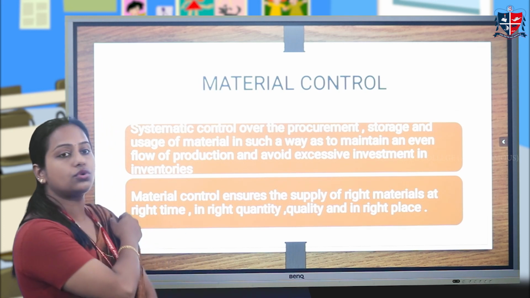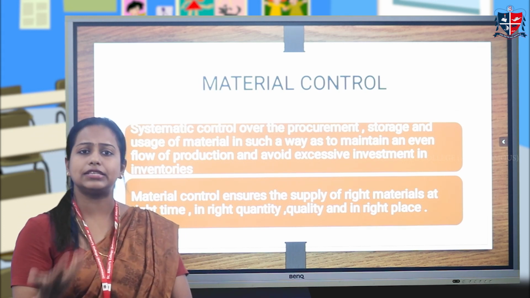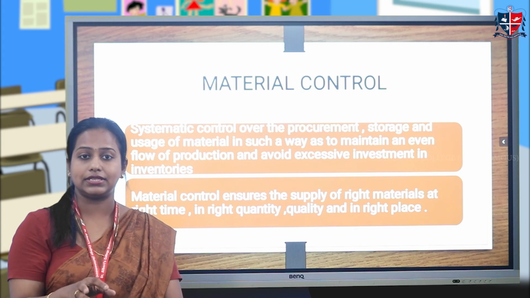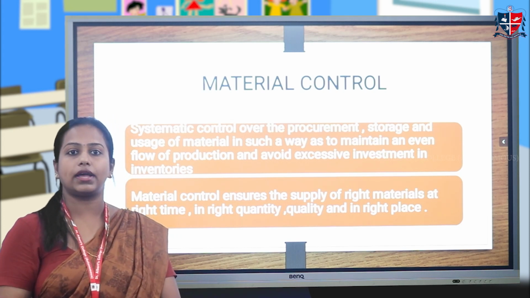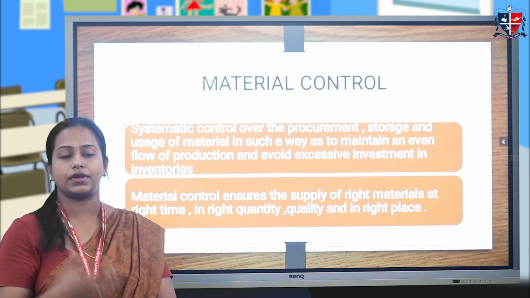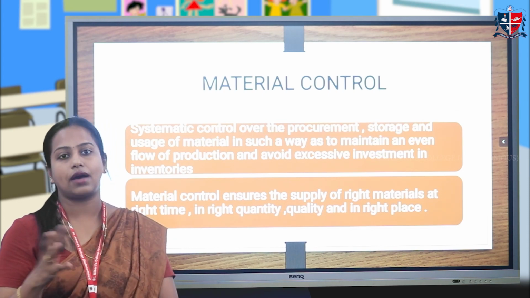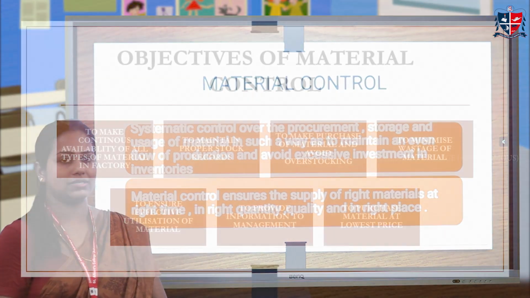Material control will ensure the supply of materials at the right time, in the right quantity, at the right place. This is why it is very necessary that an organization should have a proper material control system.